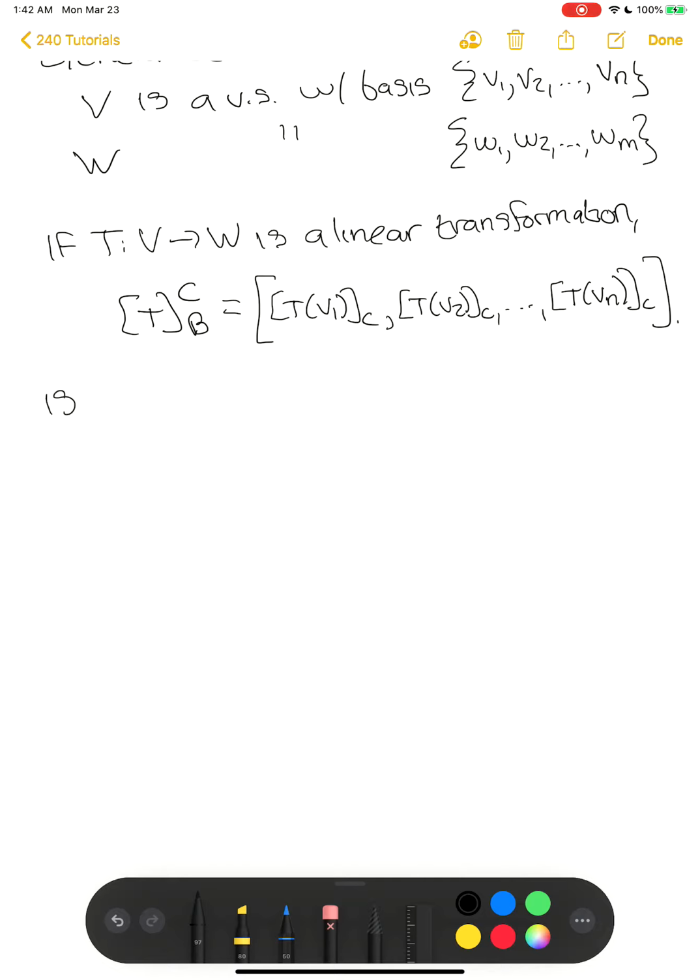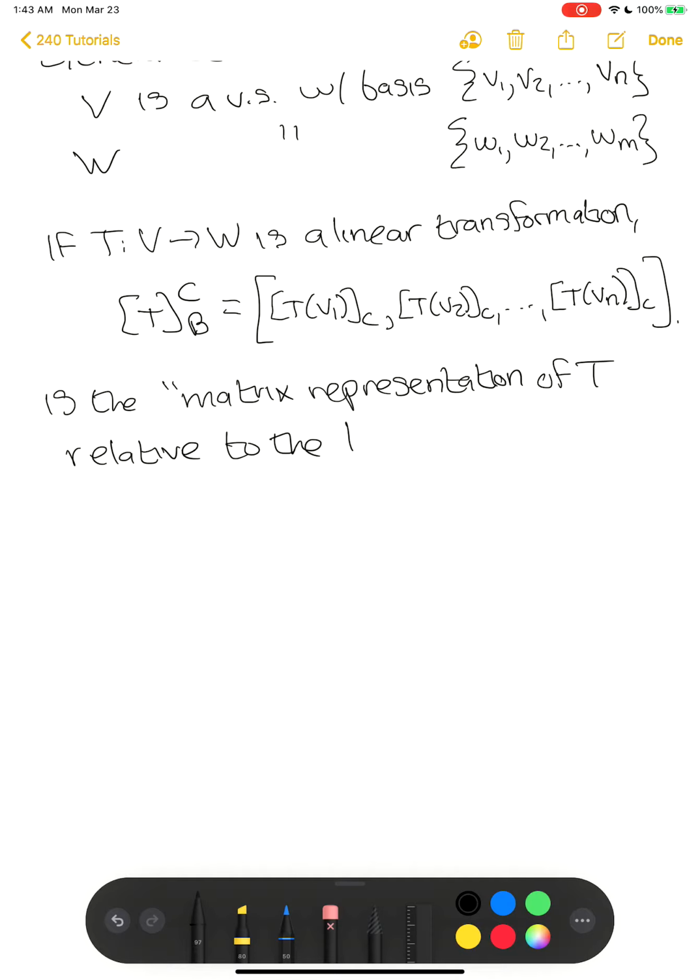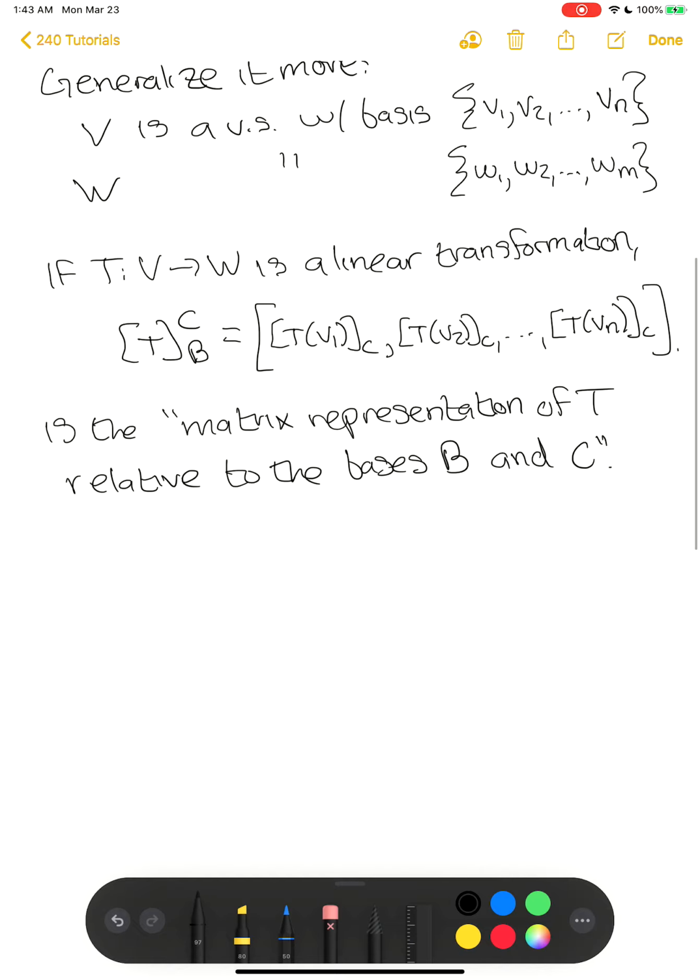This is the matrix representation of T relative to the bases B and C. Okay, so that's the full name. Imagine that being your name.